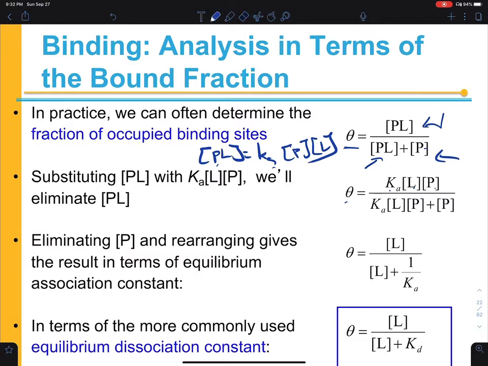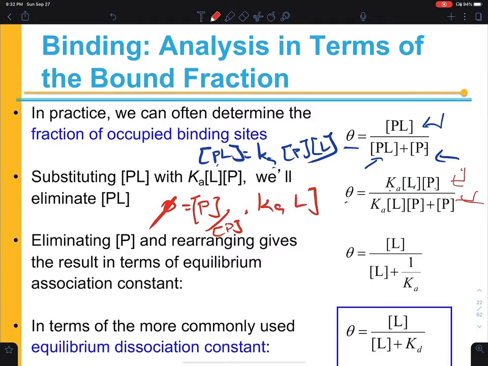If we remember from our good old laws of distribution, we can actually pull something out of this equation. And the only thing we can pull out is the P's. So this would be equal to P over P times KaL over KaL plus 1.